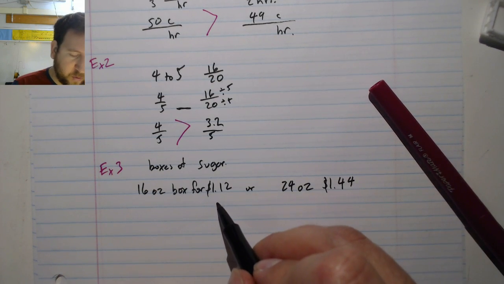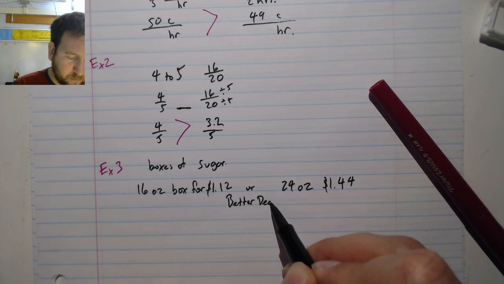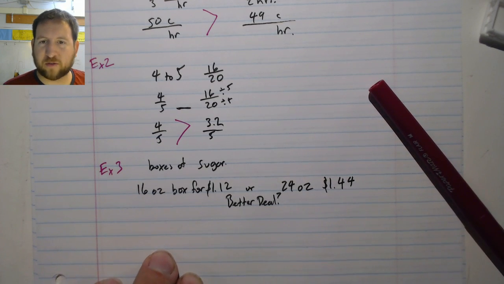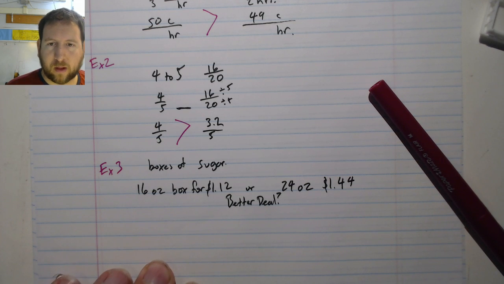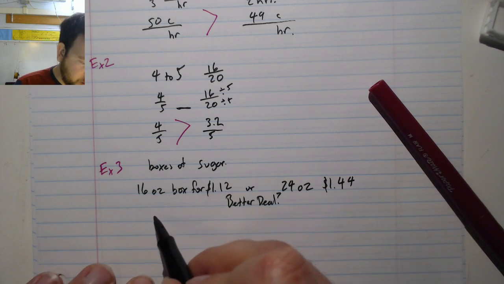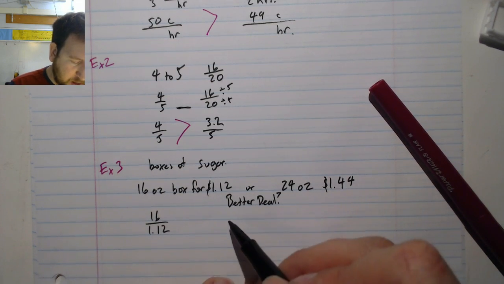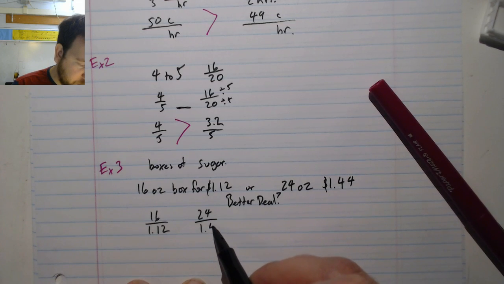The question is, which is a better deal? All right, so I'm going to do dollars per ounce is going to be the best way for me. Actually, let's do ounces per dollar. So we'll go 16 over 1.12 and 24 over 1.44.